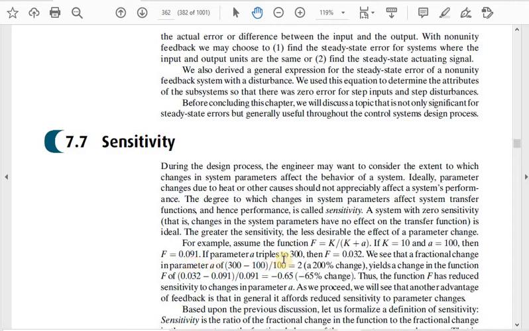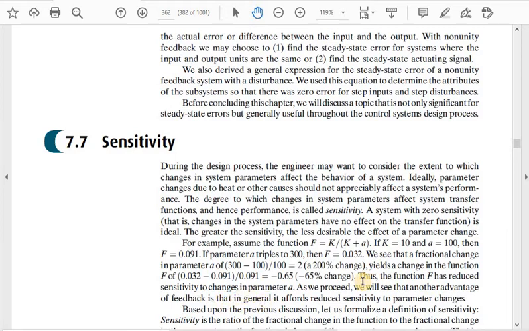If parameter a triples to 300, then f becomes 0.032. We see that a fractional change in parameter a of 300, meaning a 200% change, leads to a change in the function value of 65%. Thus, f has a reduced sensitivity to change.